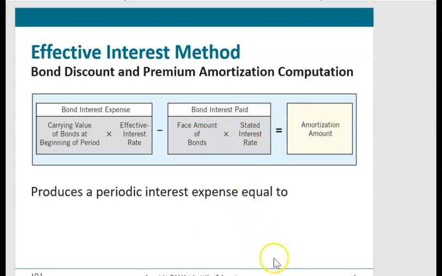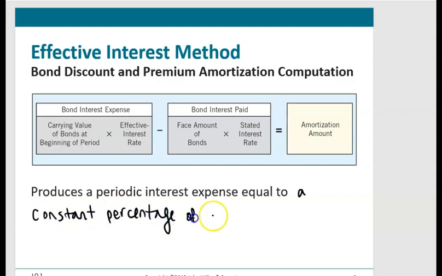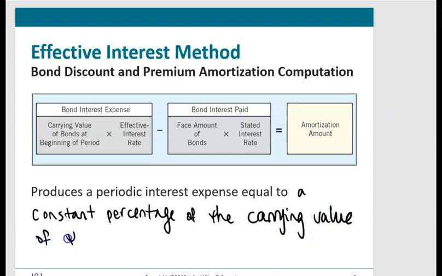The effective interest rate method produces interest expense equal to a constant percentage of the carrying value. What is that constant percentage equal to? It's equal to the effective interest rate on the bond.